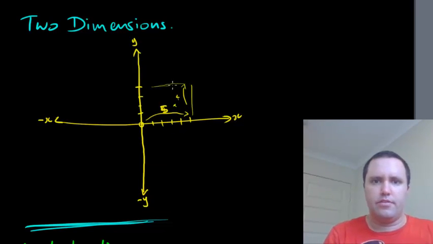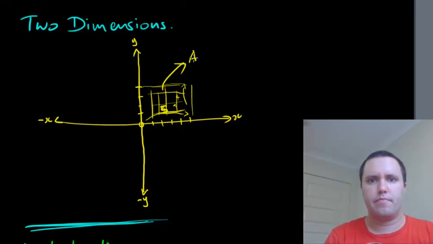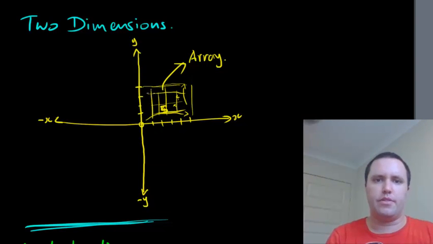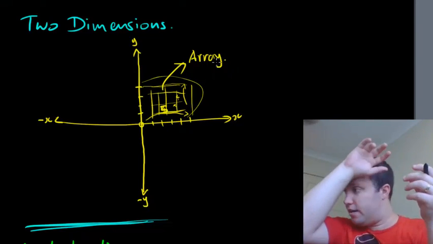we end up with this thing called an array. So you multiply numbers together, you end up with a new thing, a block. You don't just end up moving along this line, you end up creating this array, an area of space now.